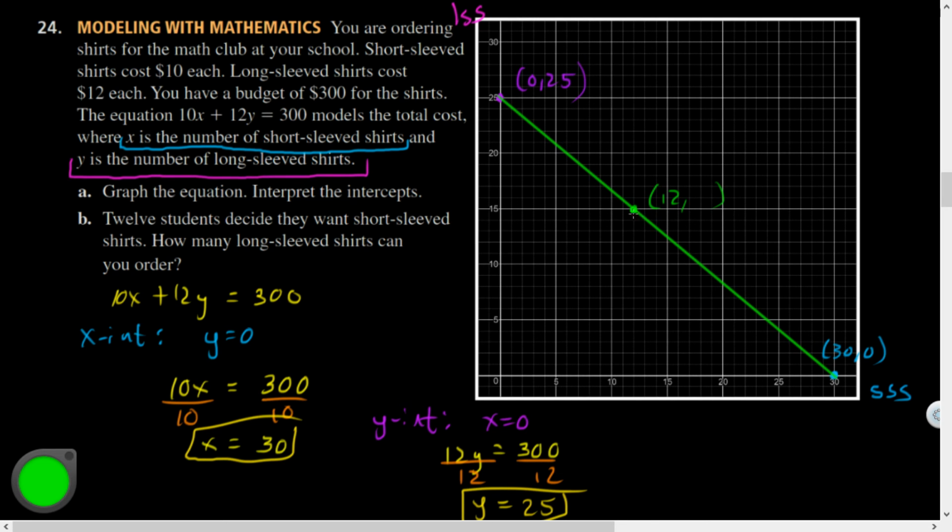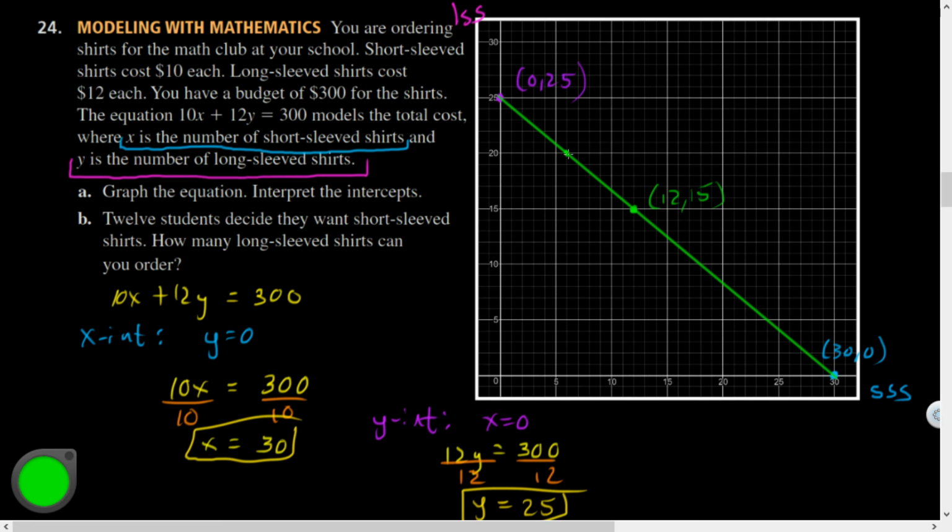What's the y coordinate of this point? Bing, 15. So you find the input you wanted, and then you read it up to the graph, and then you go over to find the output, right? So 12, 15. That means if 12 buy short sleeve shirts, then I can buy 15 long sleeves.